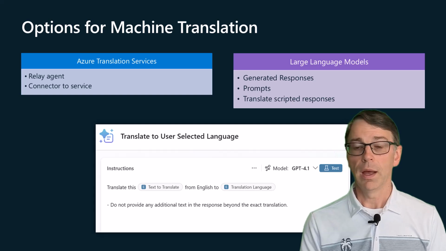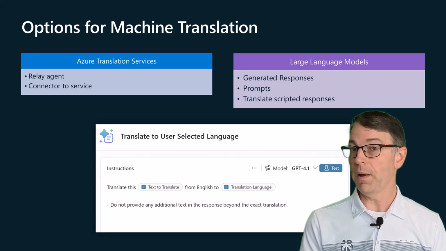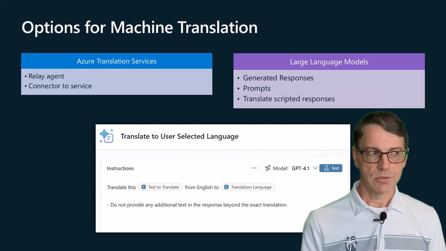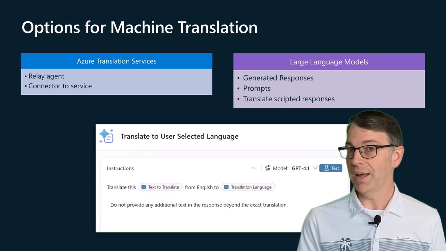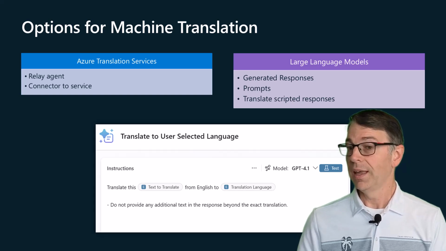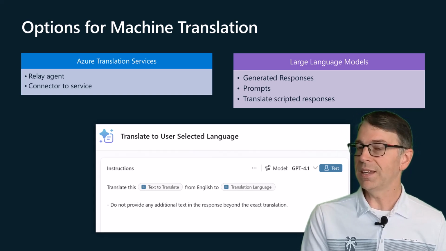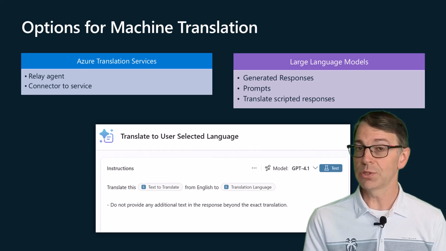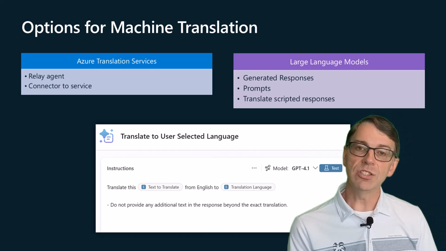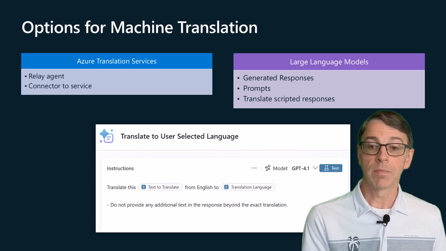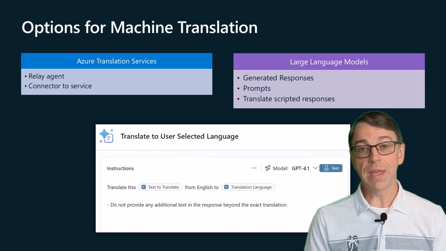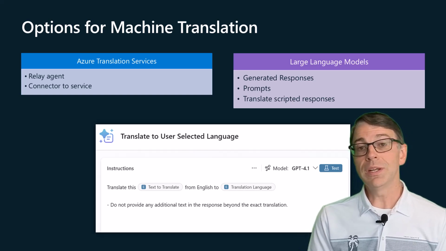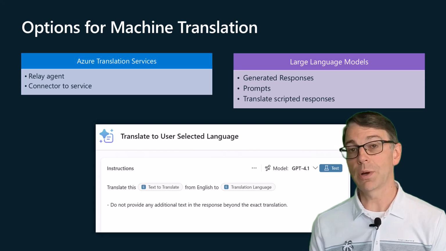proposition for you. Otherwise, when you generate the response, you can say, translate this to what system.user.language is, and you can make it where it will automatically translate or give it back to the user in the language that the agent is intending to speak. So just know that you can do that, as well as you can also translate scripted responses.